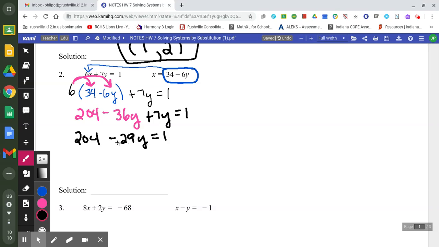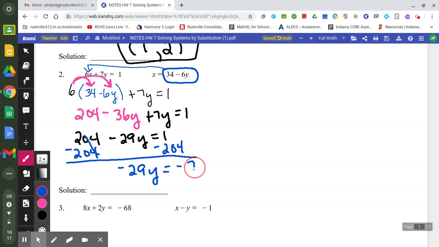And then I want this y to end up by itself eventually. So I need to do minus 204 on both sides of the equal sign. So now I'm going to have negative 29y equals, and in your calculator you can do 1 minus 204, gives me negative 203.